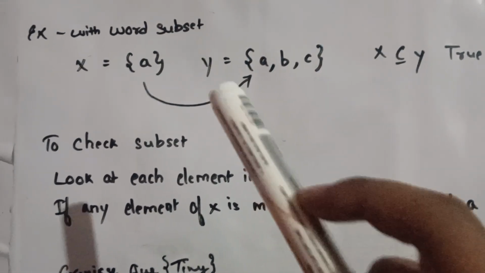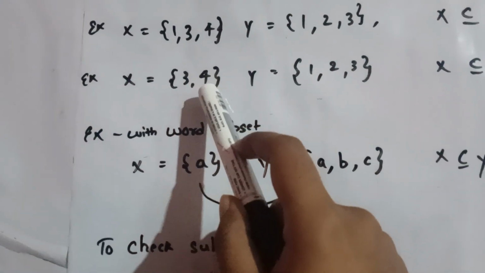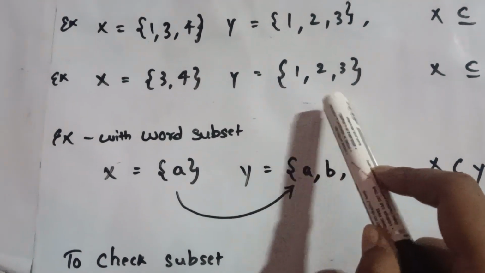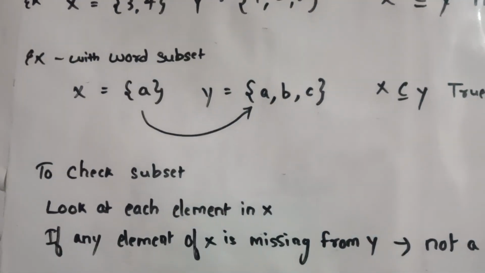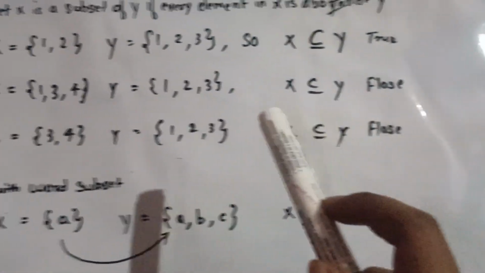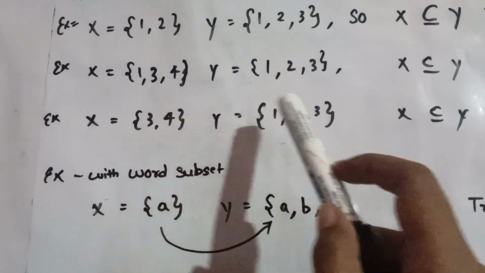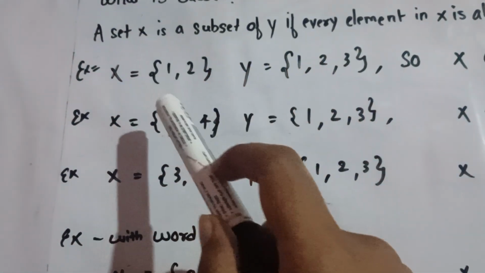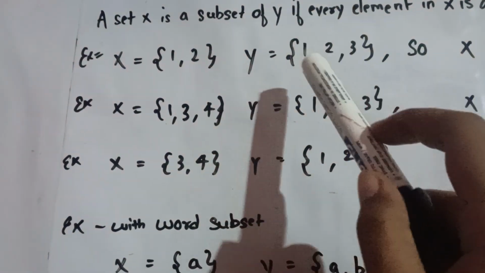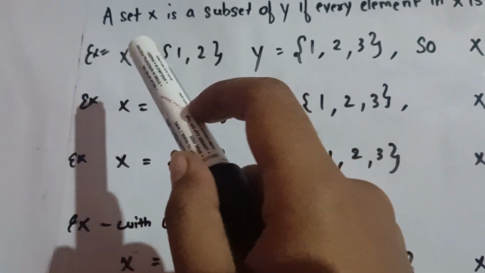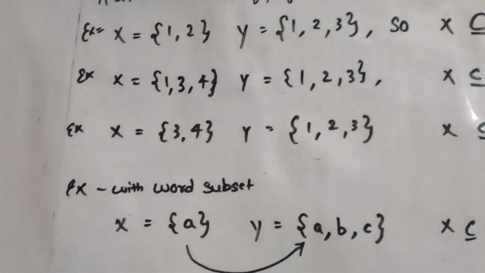If 4 in this case is missing from Y, that's why X is not a subset of Y. In this example, false, because 4 is not here. But if every element that X wants is also contained in Y, then X is a subset of Y.